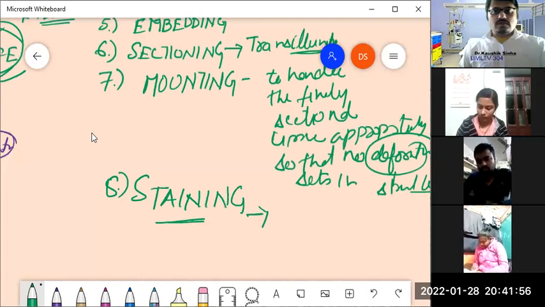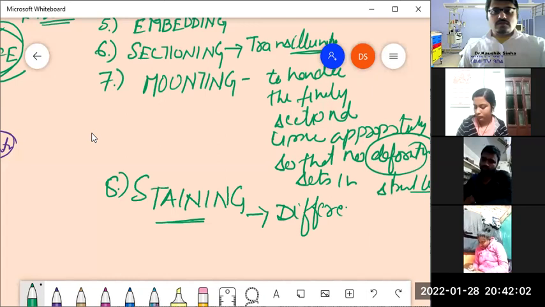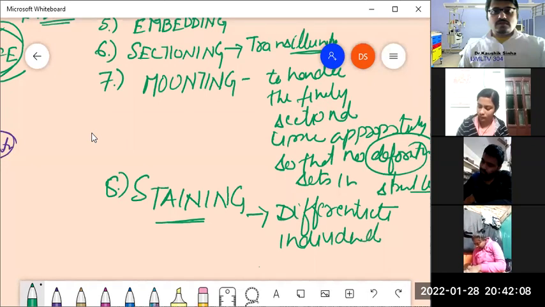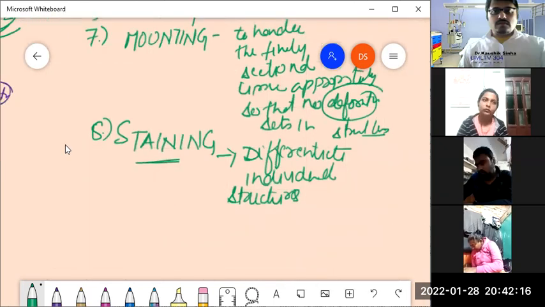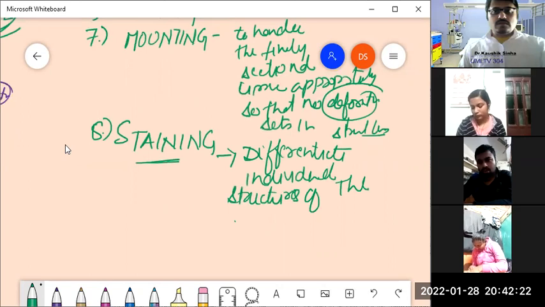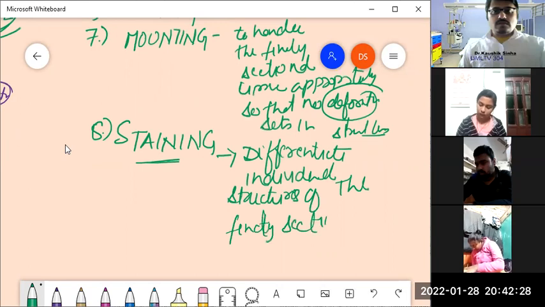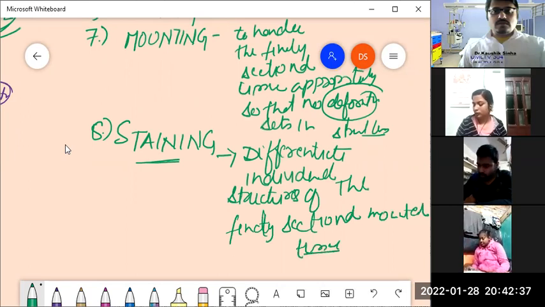This particular step helps us to differentiate individual structures of the finely sectioned, mounted tissue. So you can put as much amount of stain in it.